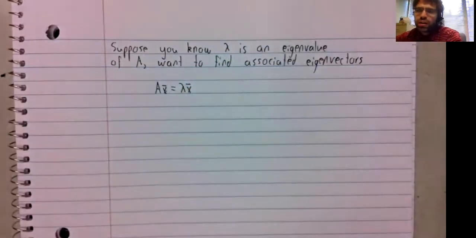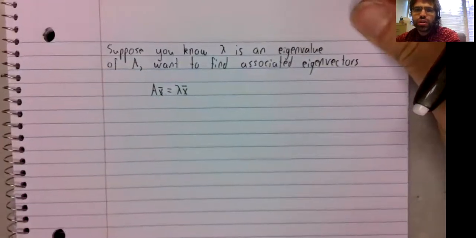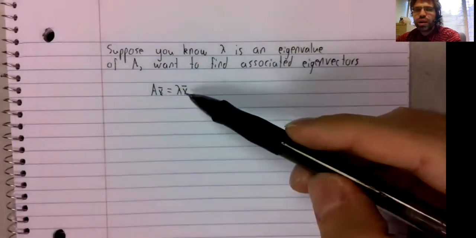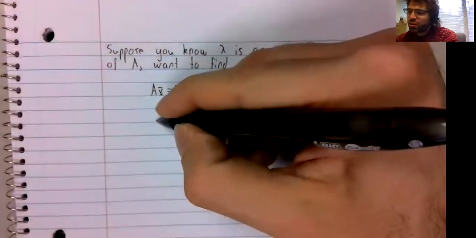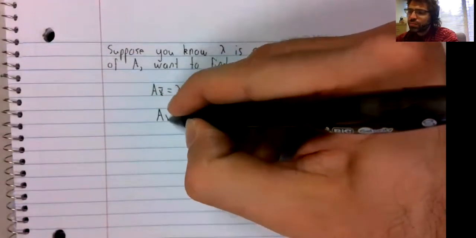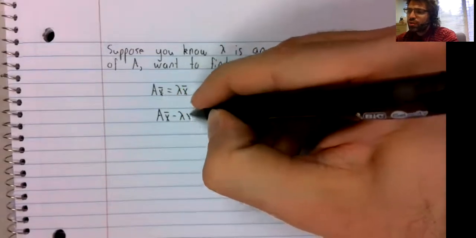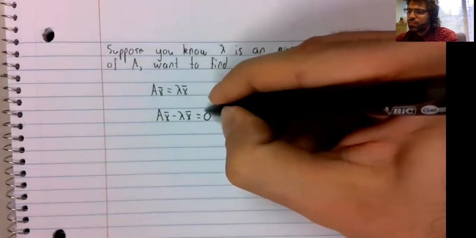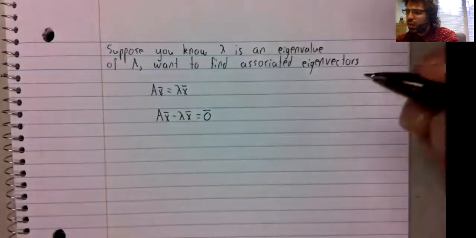Inspired by college and high school algebra, what we should probably try to do is combine these vectors. And the first step to doing that would be to get them on the same side of this equality.